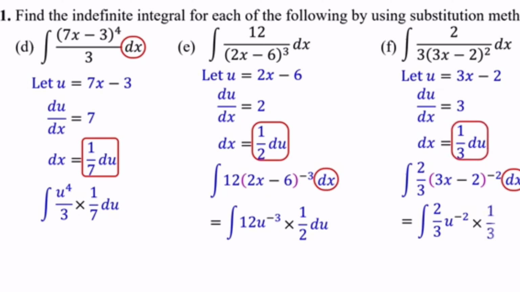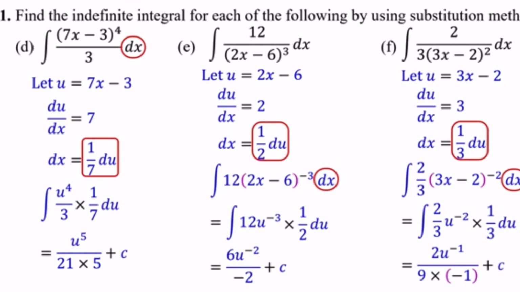All right. And then for the F, the dx is 1 over 3 du. Okay. So we have to convert every term into the u, then only we can integrate. So it becomes u to the power of 7 over 3 times 3 over 7, that is 3 over 7 u to the 7 over 3 for D. Then for the E, when you raise up the power, it will become negative 2, right?